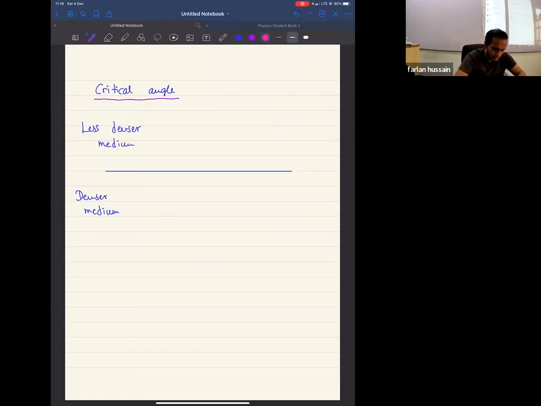Let's say the ray is moving from denser medium to less denser medium. When it is moving from denser medium to less denser medium, it bends away from the normal. So the ray which comes here, let's say it bends like this.